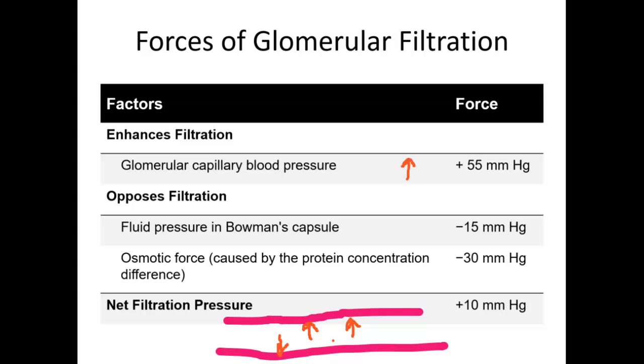They have to work against the fluid pressure on the outside of this vessel, represented by the Bowman's capsule, which is where the glomeruli are contained. In order for these electrolytes and fluid molecules to leave this space, they need to have more pressure in here, just like the pressure gradients we've talked about with diffusion and breathing. There has to be more pressure in here than out here.